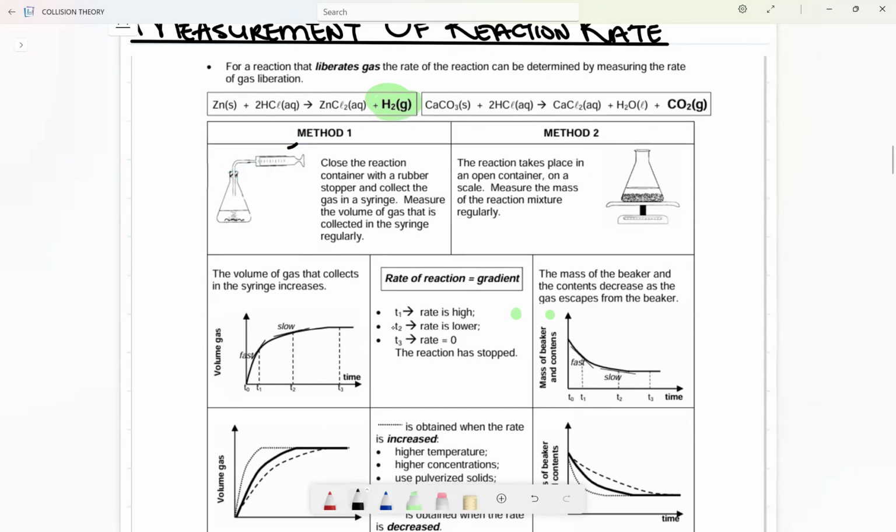But if we rather input a syringe there, a syringe that will collect the gas. Remember, when the gas tries to escape, there will be a cotton wool here. This syringe will not be able to close all the burette, if I may call it that, so we need a rubber stopper.